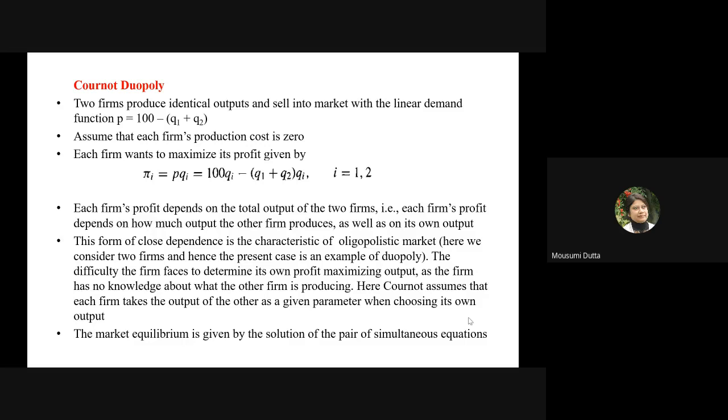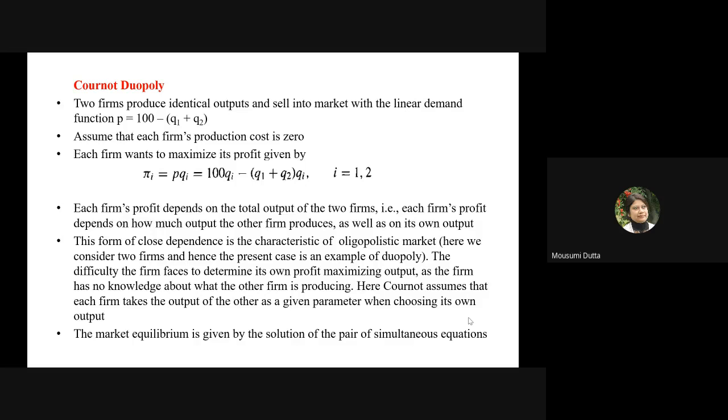Now, if I consider the cost equation, in that case, pi 1 will be P into Q1 minus C1. That is the cost of producing the output by the first firm. And the profit equation for the second firm will be pi 2 is equal to P Q2 minus C2. So cost will be a function of the output produced by that firm.